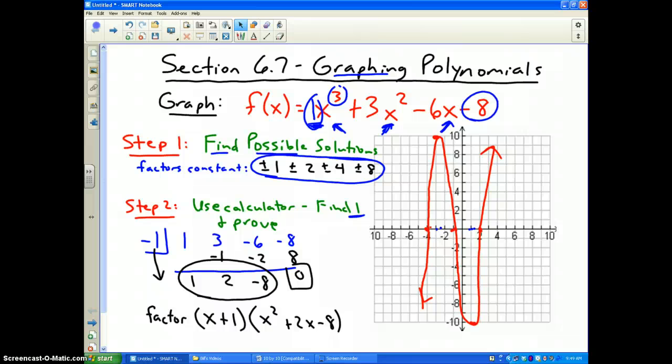And so therefore, you're going to use all the information that you've learned about polynomials, the zeros, which are these, the end behavior, which is down and up, to help you sketch these graphs. If you have further questions, please ask during class, but that concludes this video.